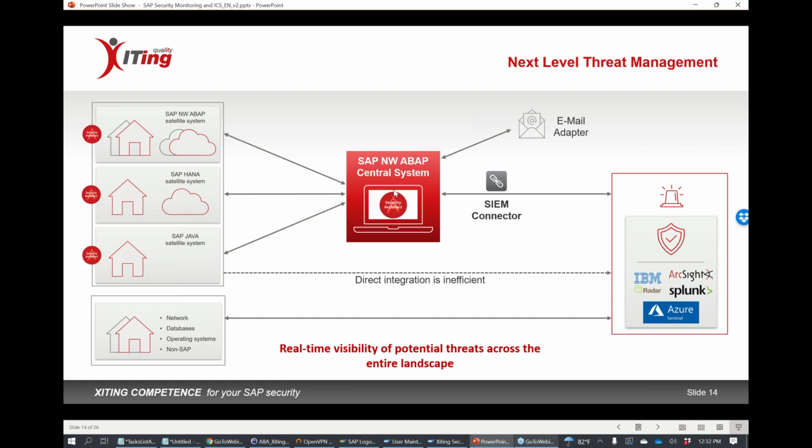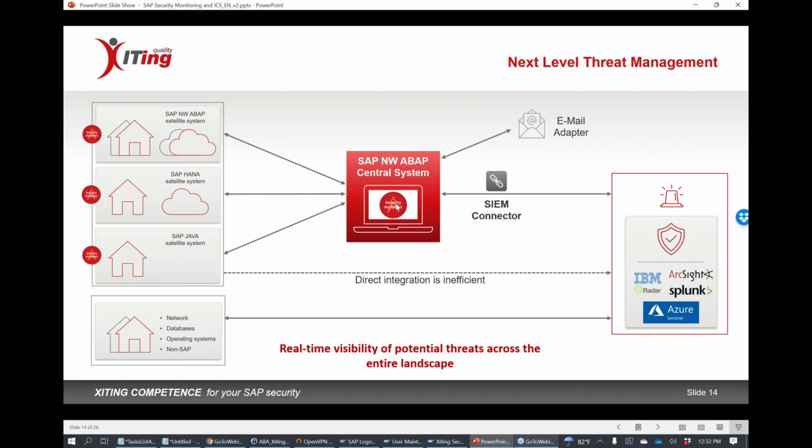Then the security architect, our central system as we call it, connects to all the satellite systems, all the backend systems, so to say. For example, any ABAP system, whether it's an S/4HANA, a CRM, a BW, or an ECC, or even HANA databases, Java systems, and so on, and can centrally monitor the entire landscape.